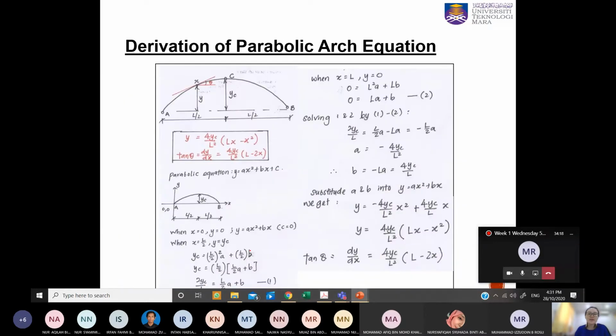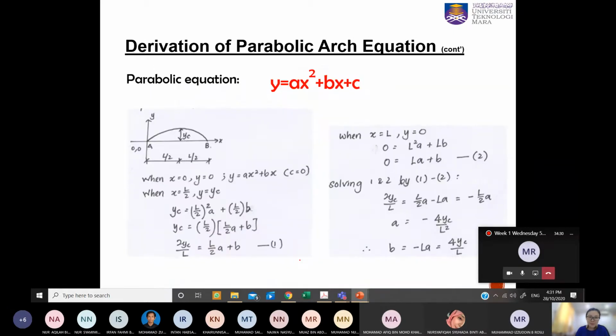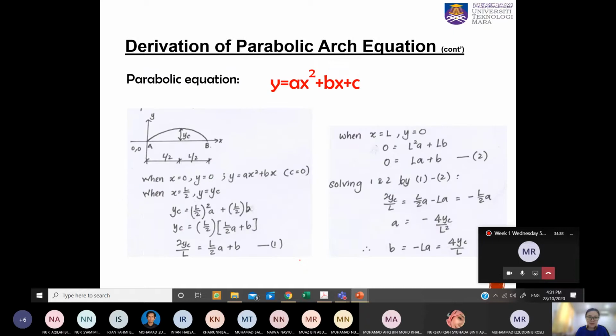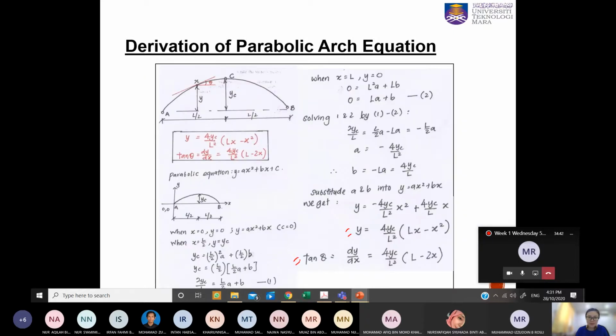So now this is the derivation of how to get the y and how to get the theta. You can have a look. I show you step by step, and you can also have a look at these three pages.